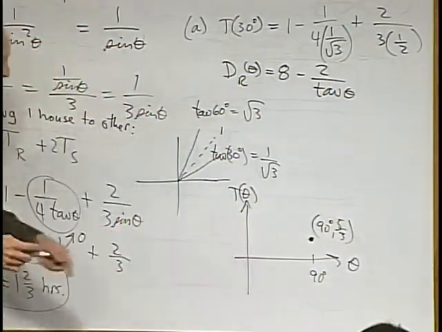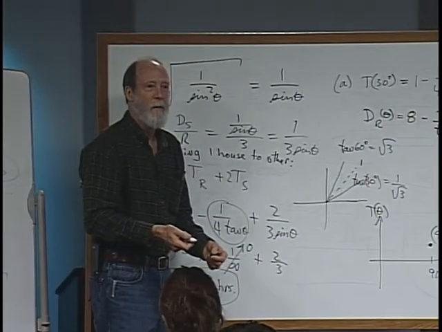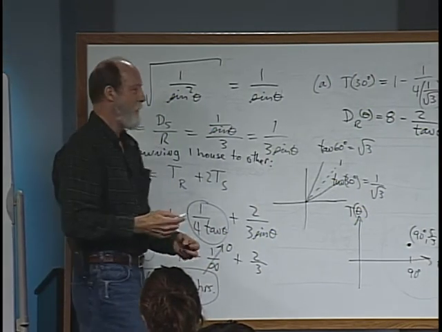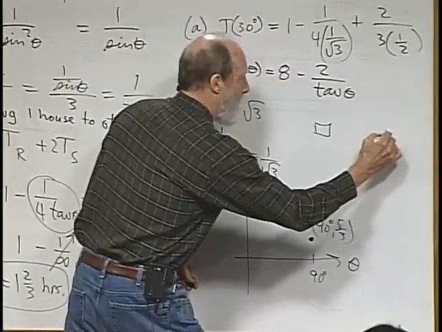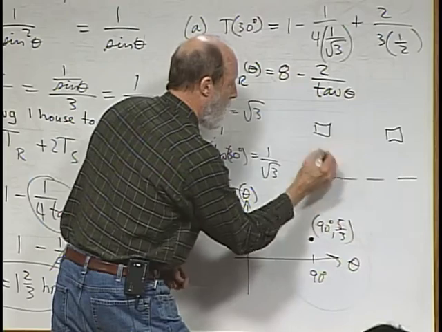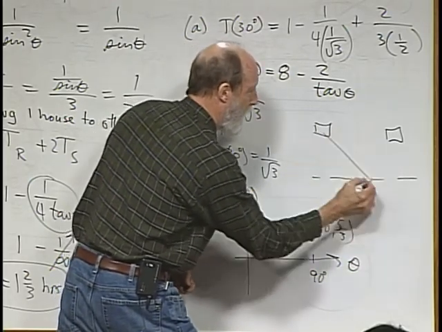And then if angle theta is 0, we can't do 0, can we? No, because here's the house, here's the other house, here's the road. If we did theta equals 0, we can't do that. There's a minimum angle of theta, isn't there?